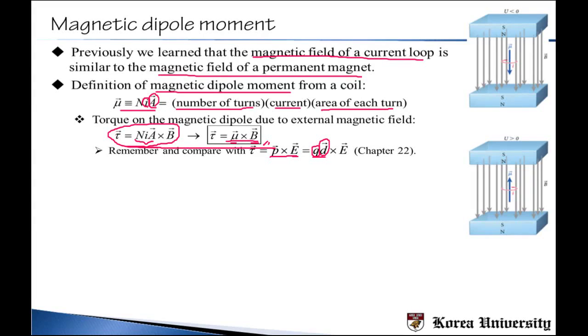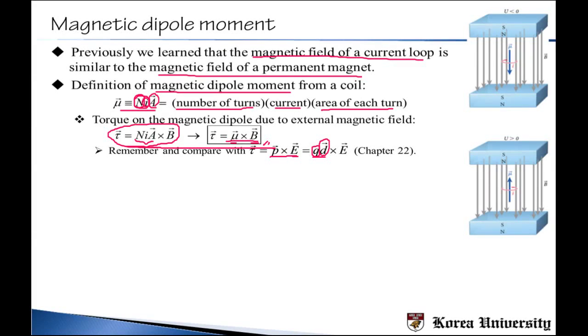Okay, and then for the electric dipole moment, you have just one plus charge and one minus charge. But in the case of the magnetic dipole moment, you can make many loops. So that is why we have N here. But basically, N multiplied by I represents the total current making one turn.